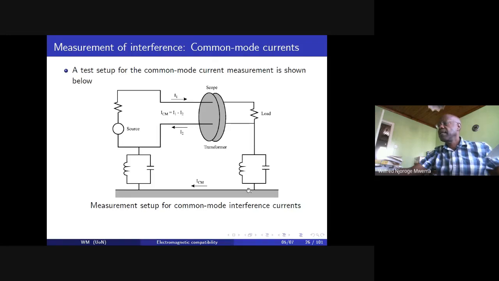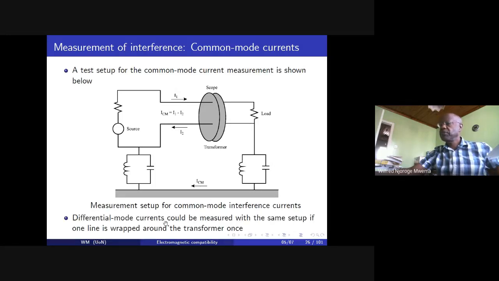Okay, and then on the ground plane, of course, we have the two LC circuits to give us a decoupling of our values here. That is, we are floating the measurement test from the ground plane.